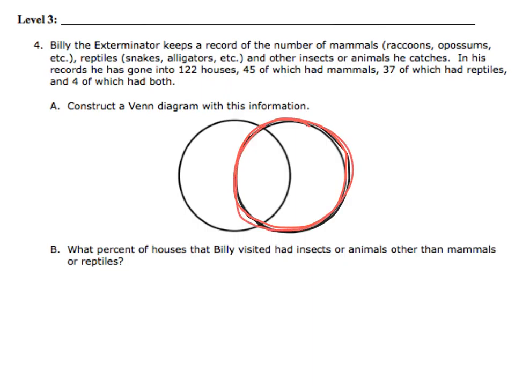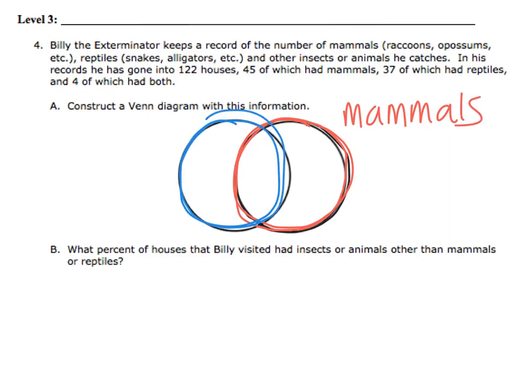This circle, let's make mammals. And the blue circle, we will make reptiles. So I know that he's got 122 houses, 45 had mammals, 37 had reptiles, and 4 had both.